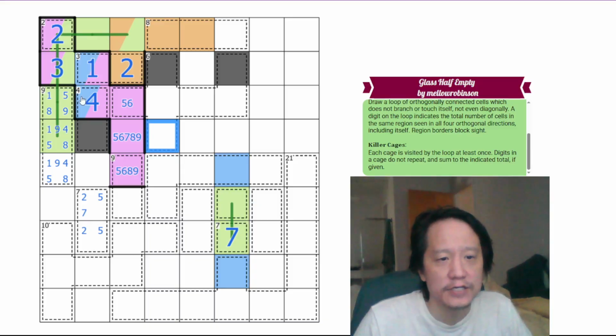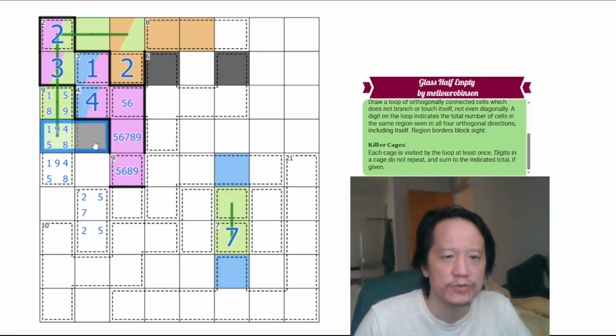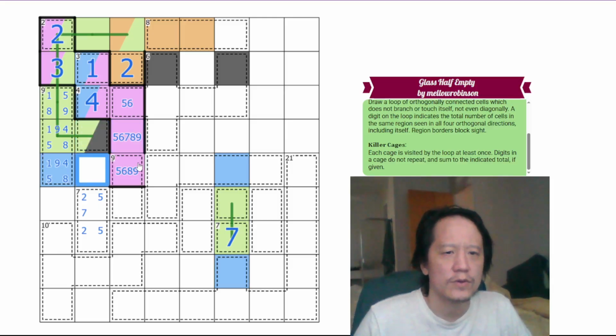The loop actually has to enter into this cage, and it can't be this one, so it must enter here. So it must go this way. Which means it cannot go this way. So this is not on the loop. It could go this way or this way. We don't know which way. Hmm.